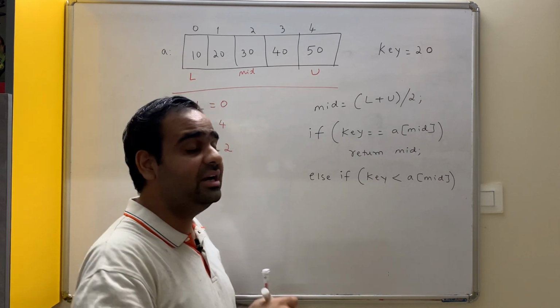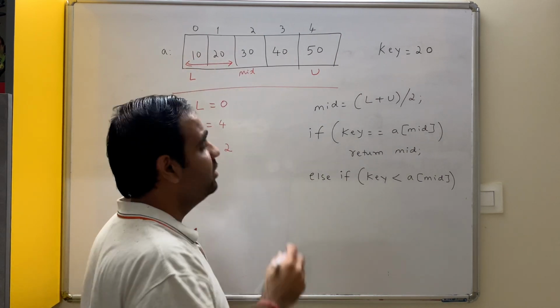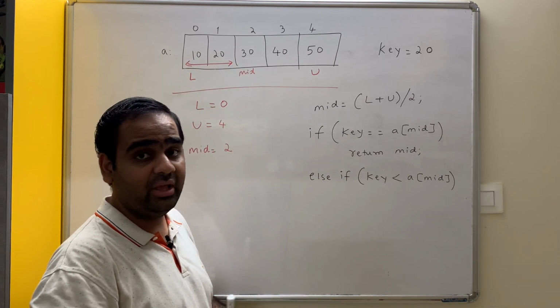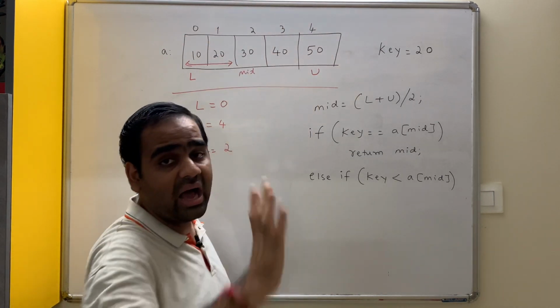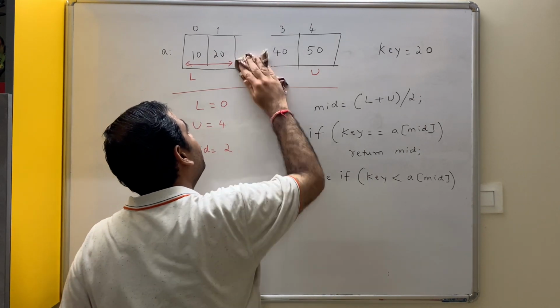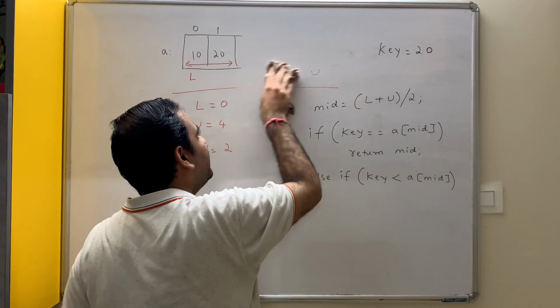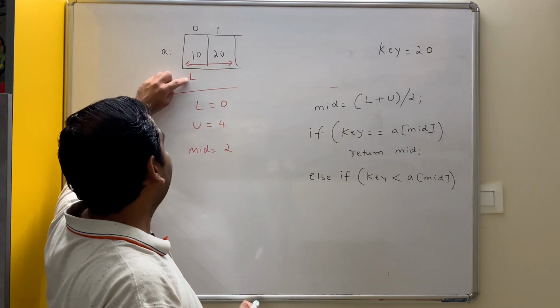Therefore, we will continue our search on the LHS subarray, and we are not going to compute on the RHS subarray along with mid. That means I need to discard it. Now if I discard it, what will be lower limit?